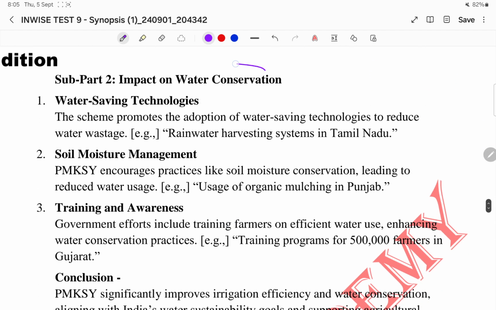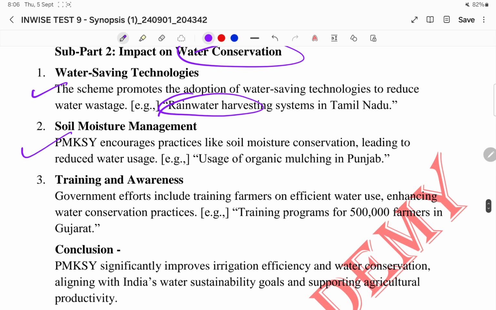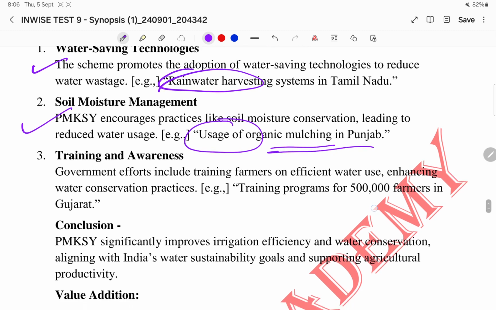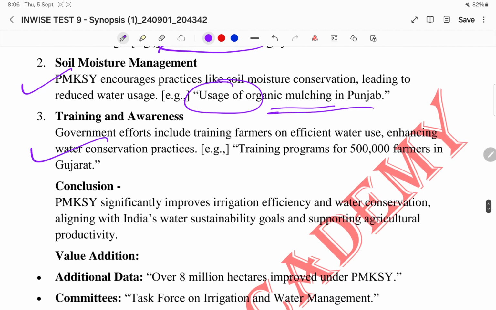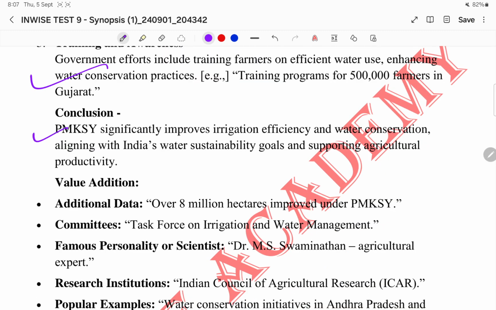Then come to water conservation. Water saving technologies like rainwater harvesting systems, then soil moisture management. Example: usage of organic mulching in Punjab. Then training and awareness. So conclusion: Pradhan Mantri Krishi Sinchayee Yojana significantly improves irrigation efficiency and water conservation, along with India's water sustainability goals, and supports agricultural productivity.